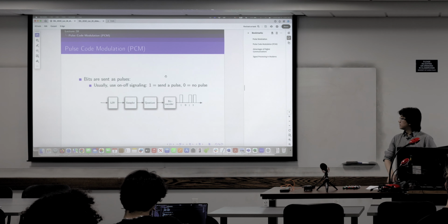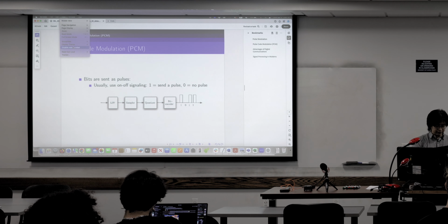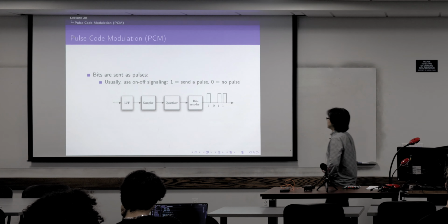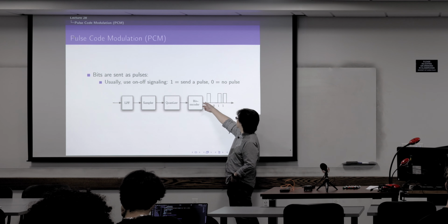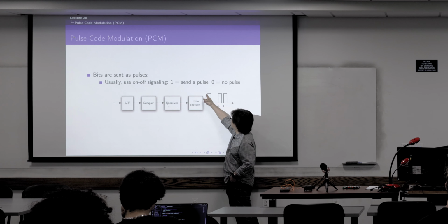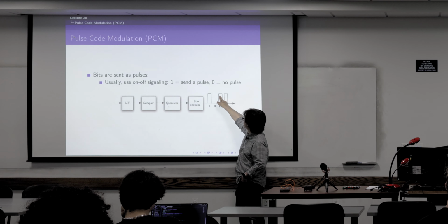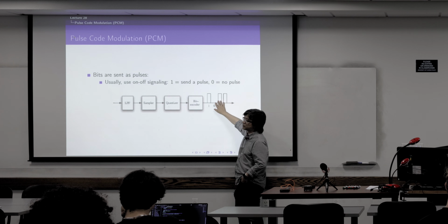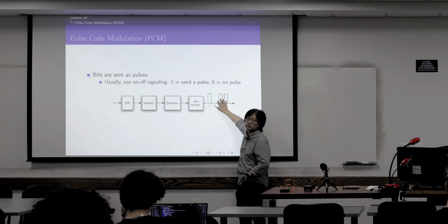After the pulse shaping, those are what we transmit. They're just continuous time signals. So here we have all 1s, and here we have 0, and here we have 1, we have 0, and so on. Those are analog signals. Do you agree?